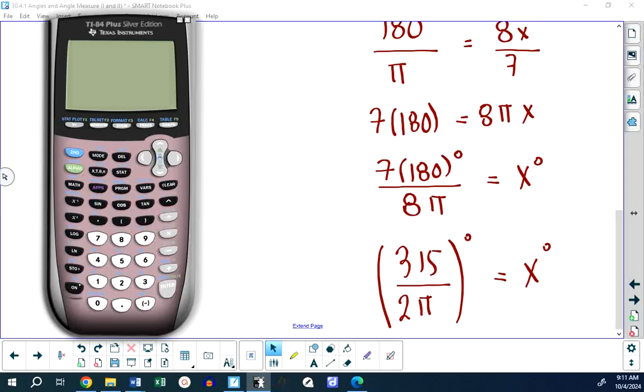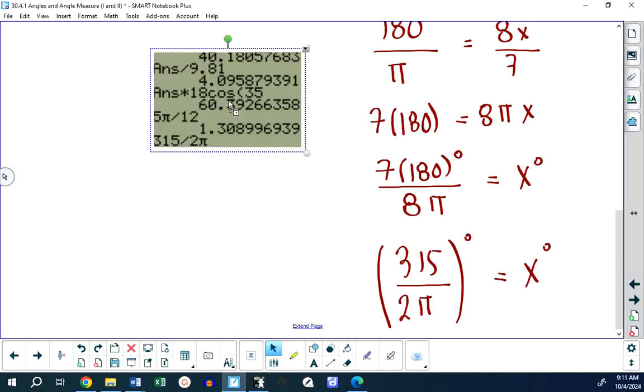Like maybe 450? Yeah. And that's because you cannot enter 315 divided by 2 pi this way, because your calculator sees that and says there's a multiplication sign between the 2 and the pi that's unwritten. And that'll give you the answer that you got.